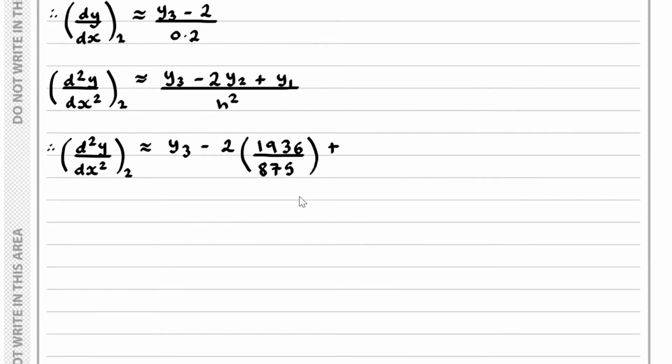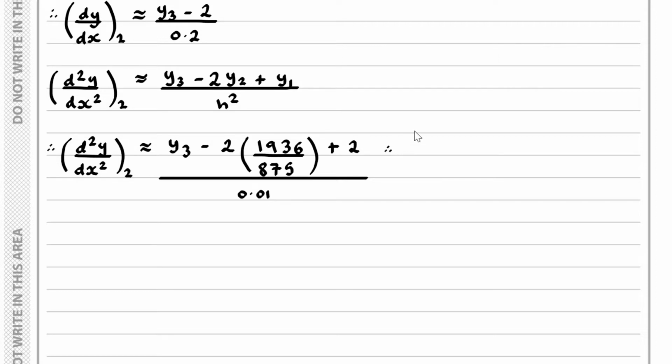So we add on 2, and then we divide this by h squared. 0.1 squared is the same as 0.01.